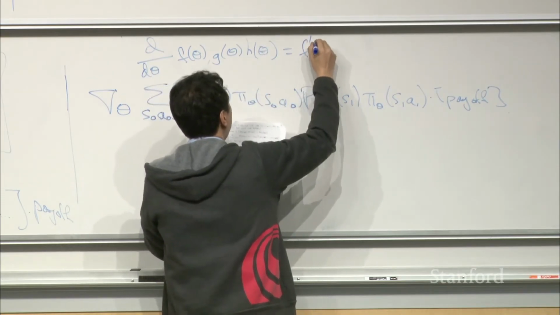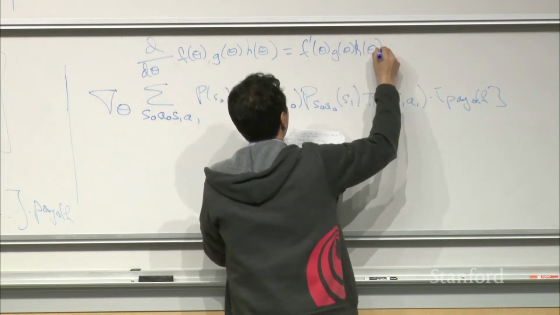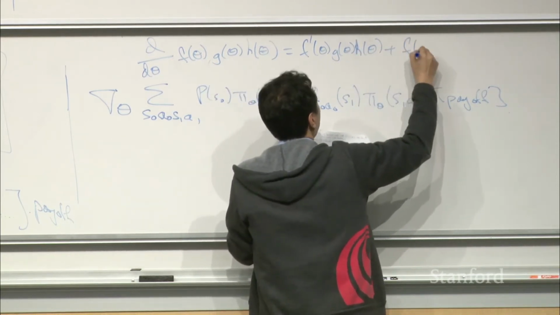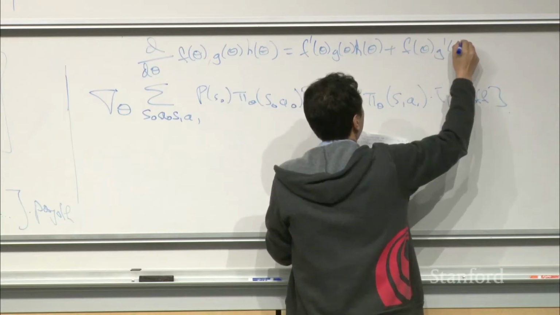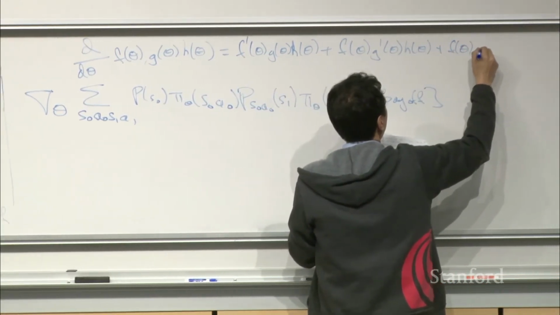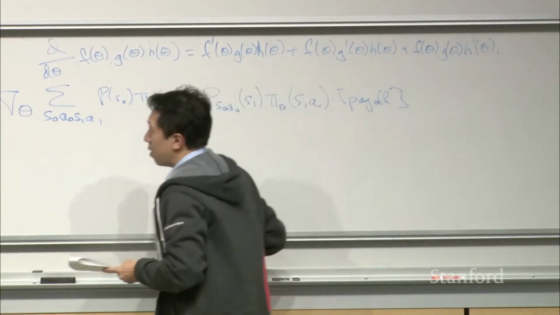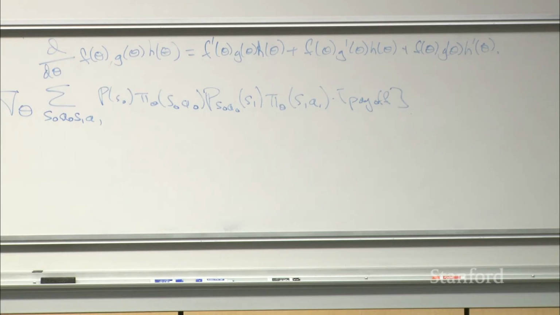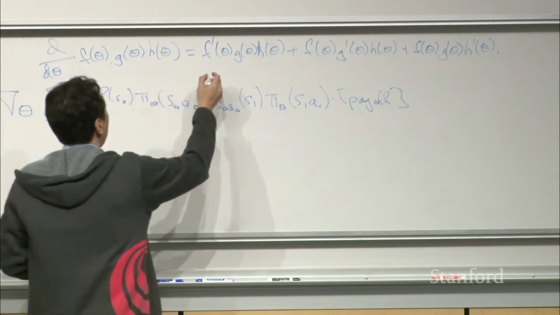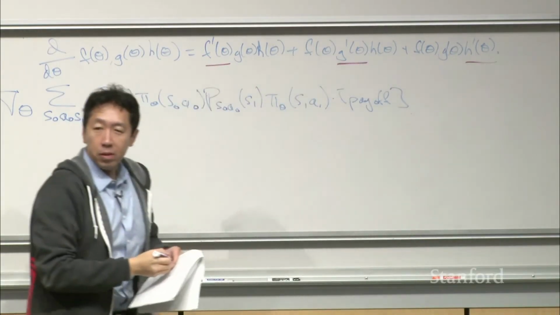So this is f prime times g times h plus g prime here plus h prime. Okay? So the product rule from calculus is that if you want to take derivatives of a product of 3 things, then you take the derivatives one at a time and you end up with 3 sums, right?